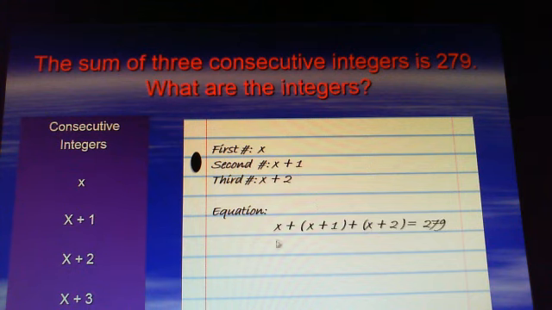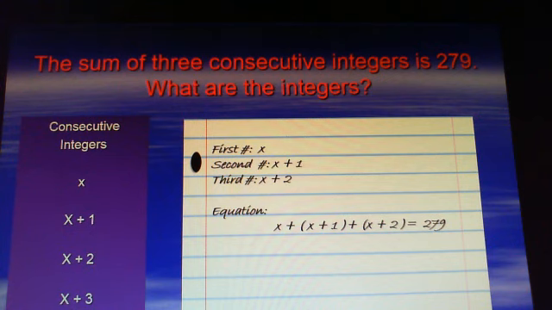So I should be able to add up my first integer and my second integer and my third integer to get 279. Now my students always want to know at this point, is it important that we put the little parentheses around it? No, I was just showing my first integer and my second integer and my third integer so that you could see that they were all there. So that's my first, my second, and my third integer, and it has to equal 279.